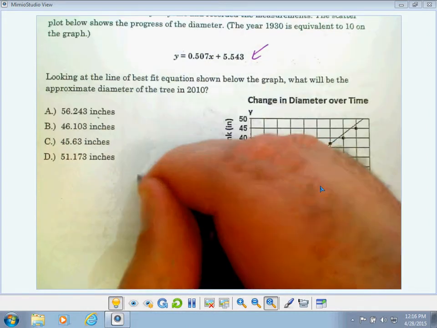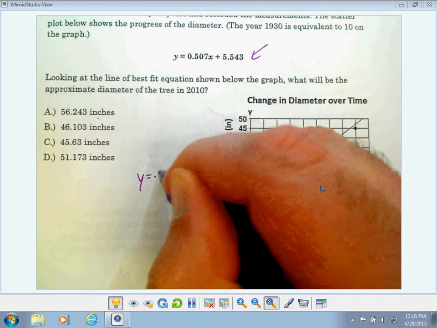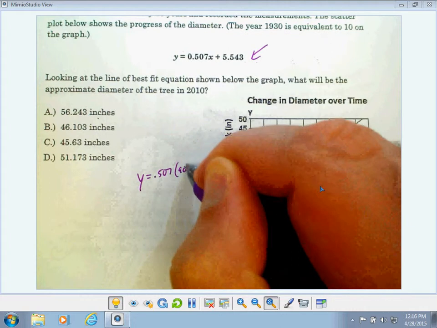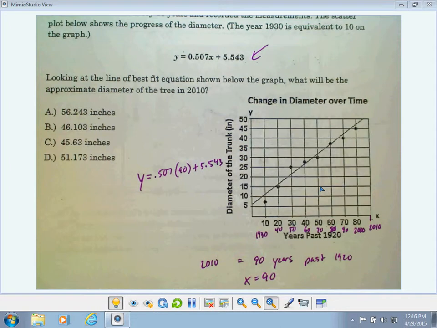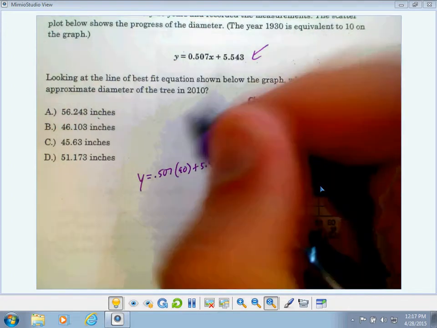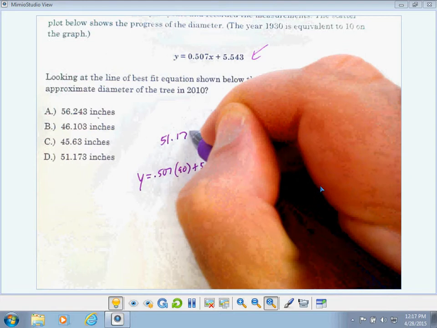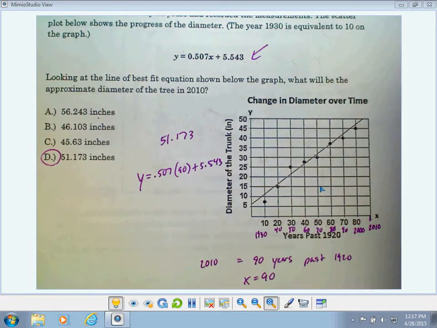So we would do y equals 0.507 times 90 plus 5.543, and just calculate out an answer. You get 51.173 inches.